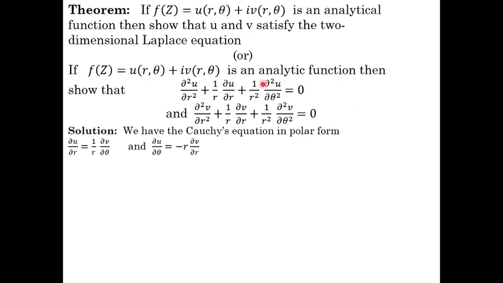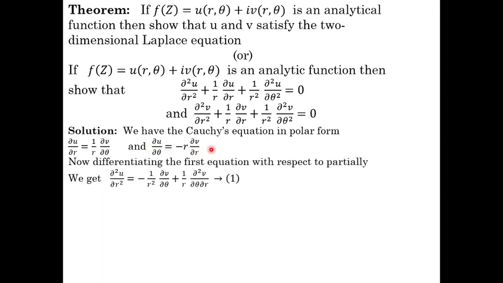Also, ∂²u/∂θ² means ∂u/∂θ differentiated with respect to theta. Therefore, we differentiate these two equations with respect to r and theta respectively. Respectively means we first differentiate the first equation with respect to r only and the second equation with respect to theta only.